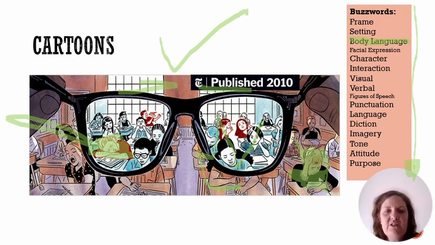So often you guys miss the body language mark because you go straight to attitude or feeling. If I keep peeling the onion, I can look closely at some of these characters' facial expressions. I can see that there are lots of downturned mouths. I can see that there are eyes that are closed.